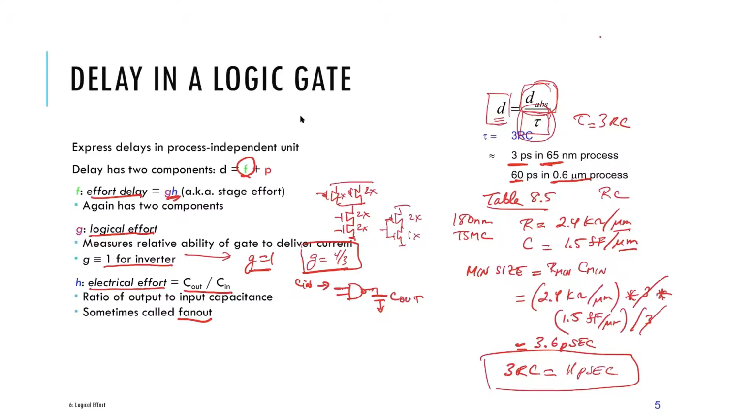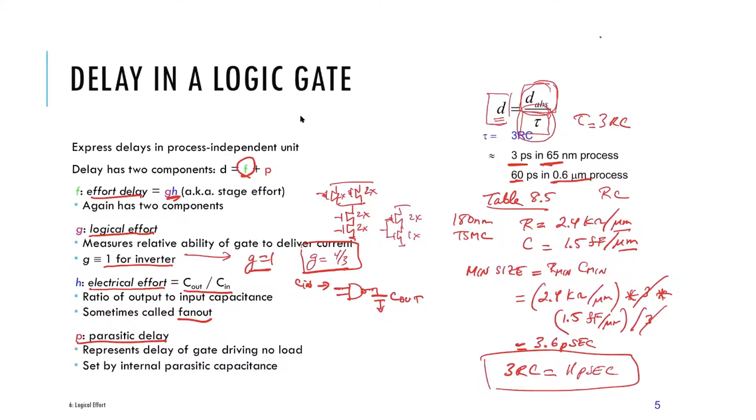And a 2-input NAND gate would have a harder time driving a capacitance that's 10 times bigger than the same 2-input NAND gate. So those are the factors that we're looking at, G and H. Okay, and then the final factor is this thing called P, which is the gate's own delay.